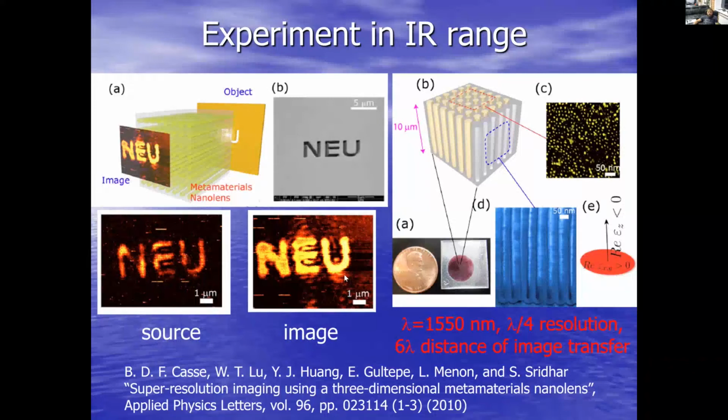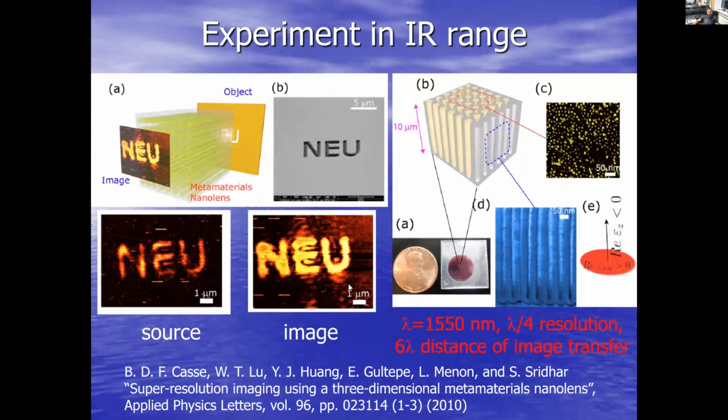And we made an experiment. They put a mask with these NEU letters and scanned the diffraction of the laser beam at the other side of this mask. They got this NEU at the other side, and after that they put this metamaterial nanolens and scanned the image at the other side, and they got this NEU as well.